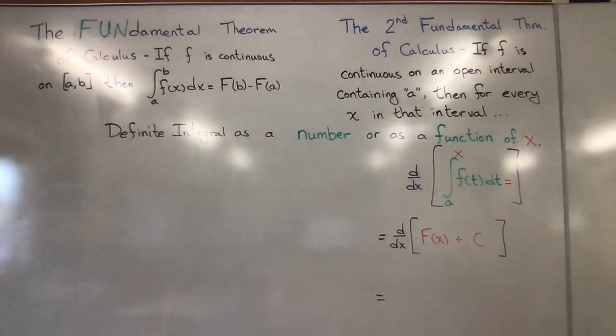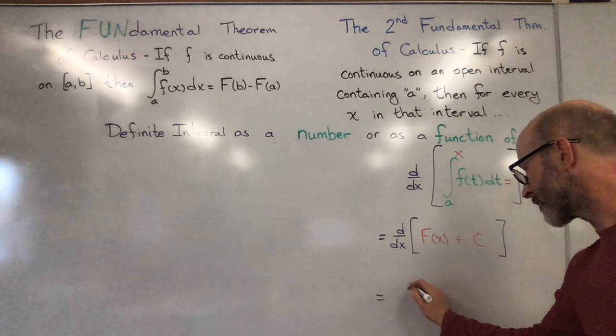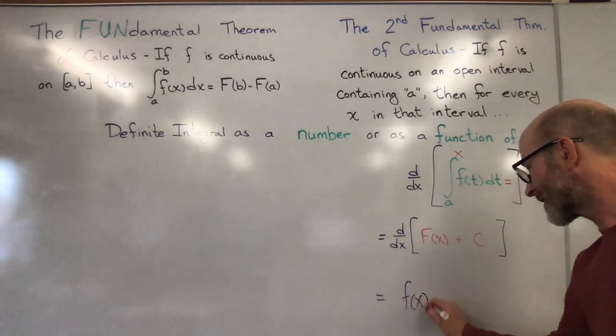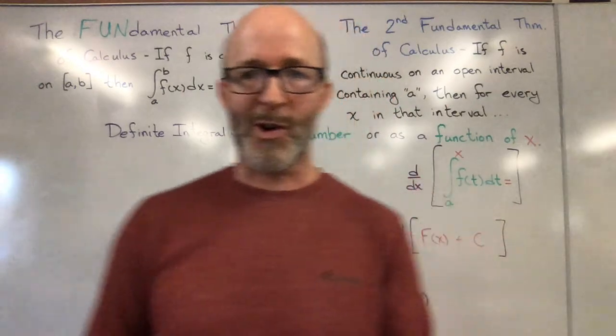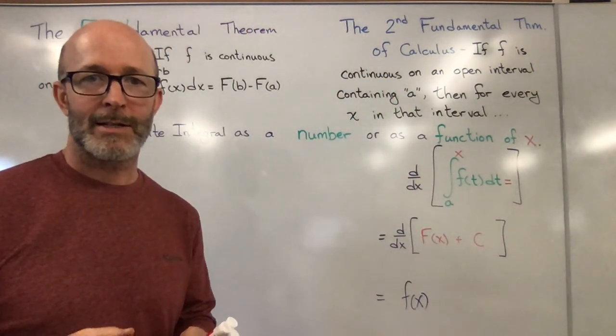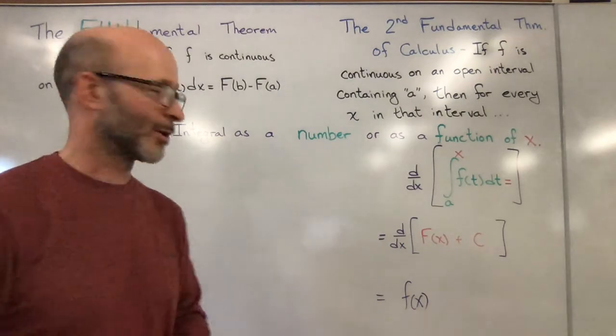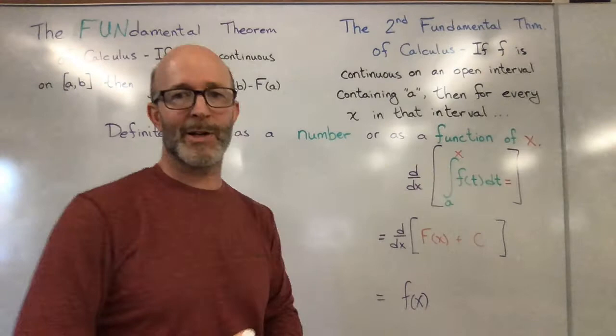When I take the derivative of these, the derivative of any constant is 0, but the derivative of an antiderivative is just f of x. This second fundamental theorem of calculus is actually just telling us the derivative of an integral is the original function, provided it's a function of x.